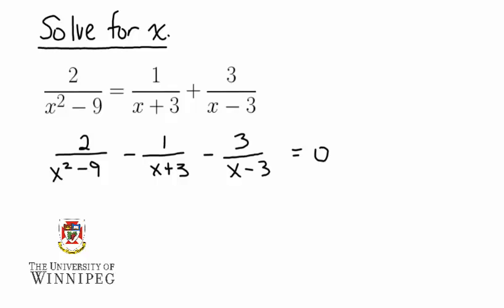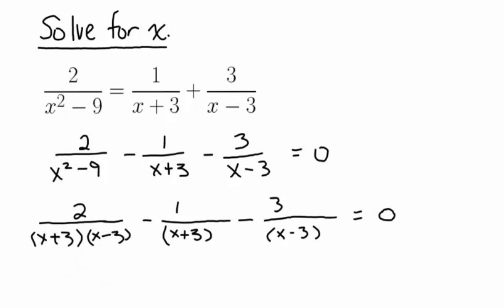So let's factor our first rational expression to see what factors are in the denominator. X squared minus 9 is a difference of squares, so we get x plus 3, x minus 3 in the denominator of our first rational expression. Let's take a look at our second rational expression, 1 over x plus 3.